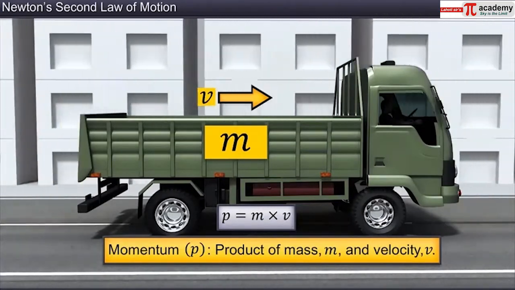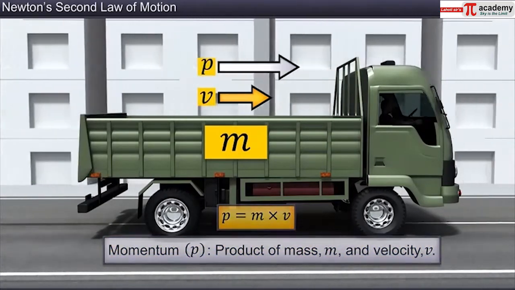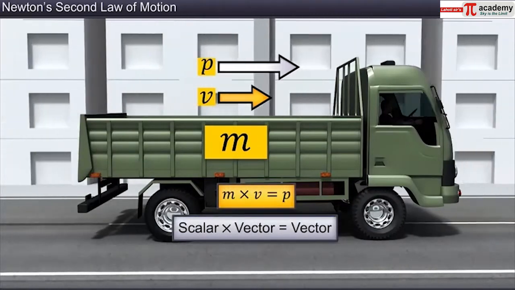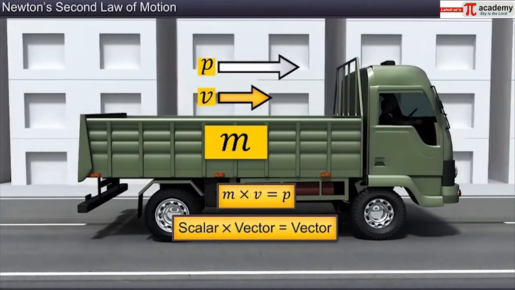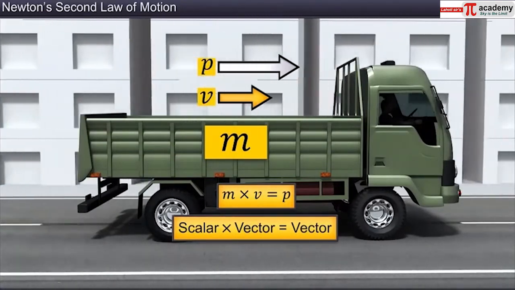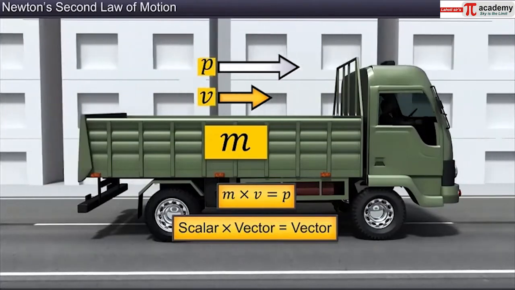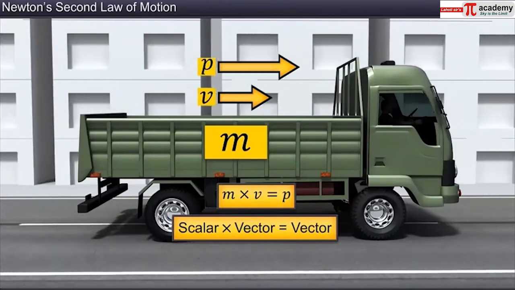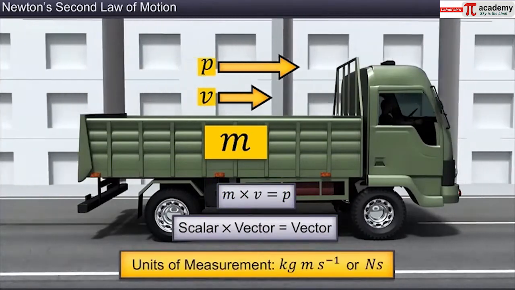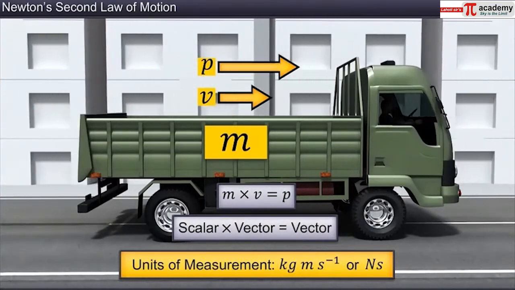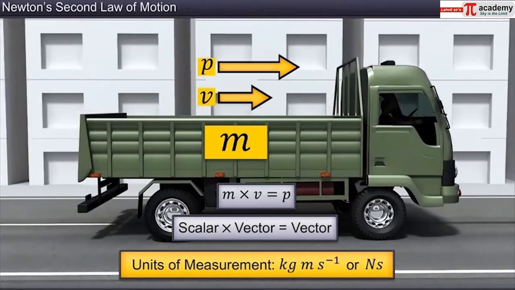Momentum is denoted by P. Since mass m is a scalar and velocity v is a vector, their product, momentum p, is a vector. In the SI system, momentum is measured in kilogram meter per second or Newton second.